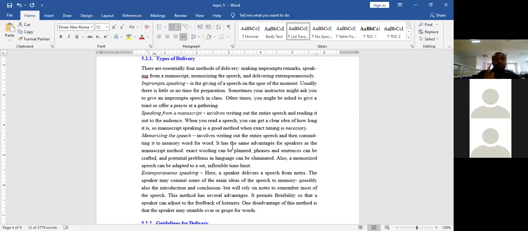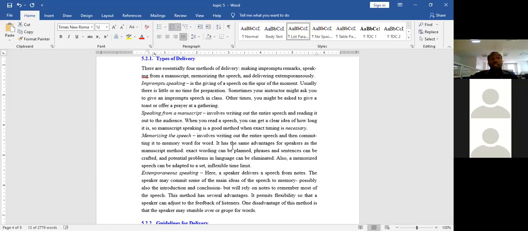Another disadvantage of speaking from a manuscript, you are prone to errors. If somebody makes an error in your manuscript, just like we said, Kanze Dena, she said that the event will take place on the 35th, because she was reading, meaning her mind was not there, she is not internalizing the message.